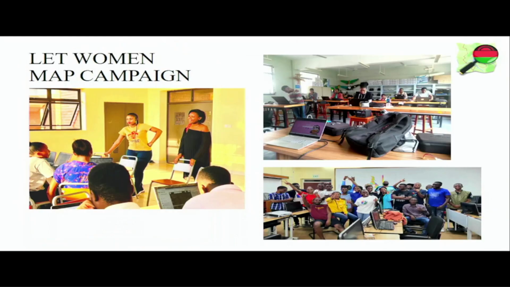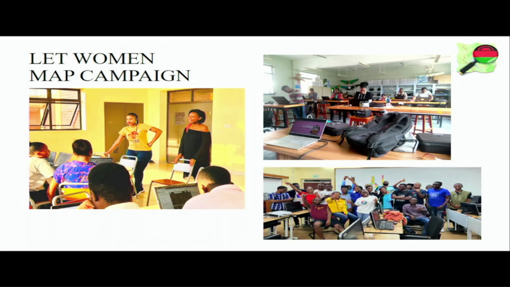Okay, so just like almost each and every area or country, there's underrepresentation of women in the space of geospatial and leadership. So we had a Let Women Map campaign in Malawi where we wanted to encourage women to be participating in these activities. These are just a few pictures showing some of the mapathons that we had.